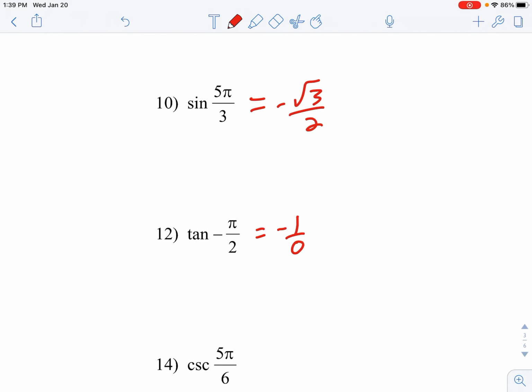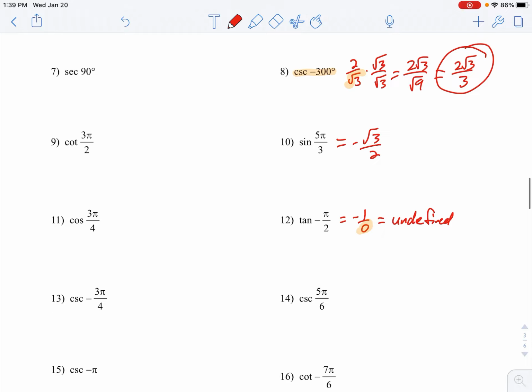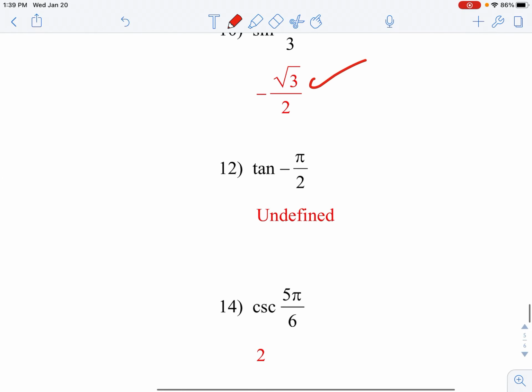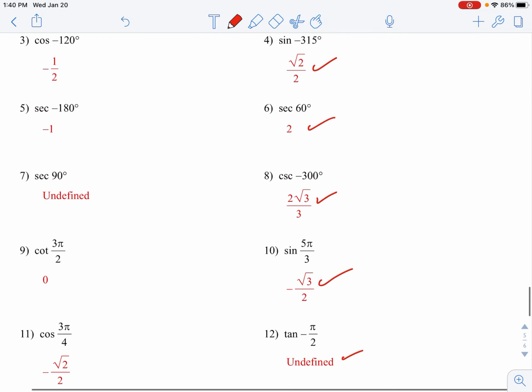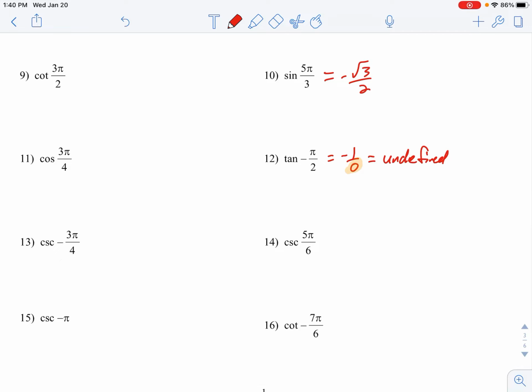Negative 1 divided by 0. But wait, in mathematics, you cannot divide by 0. This is referred to as undefined. So apparently, there is no tangent value for negative pi over 2. Let's check the answer key. And agreed. So if you were doing that on a calculator, it would give you error or undefined.